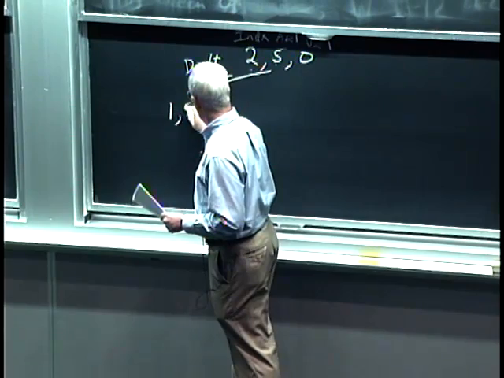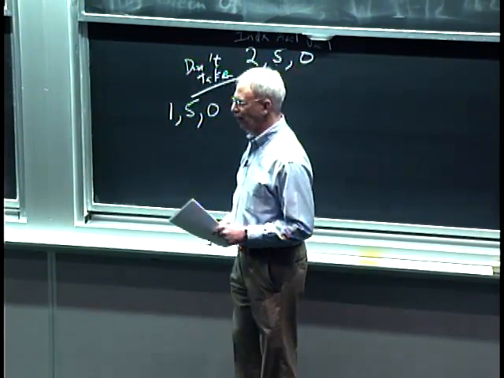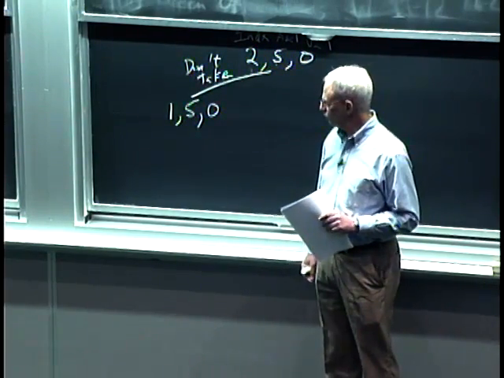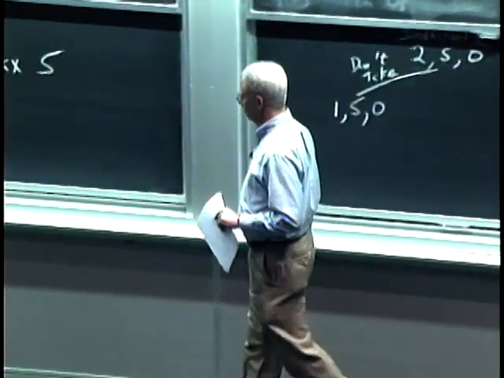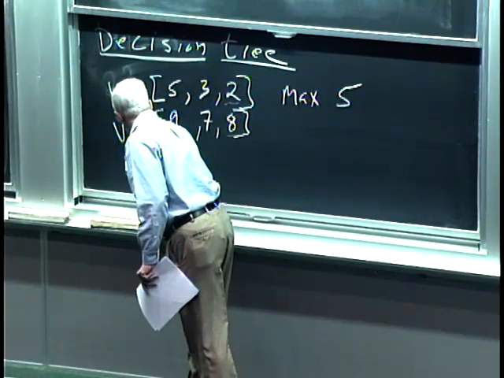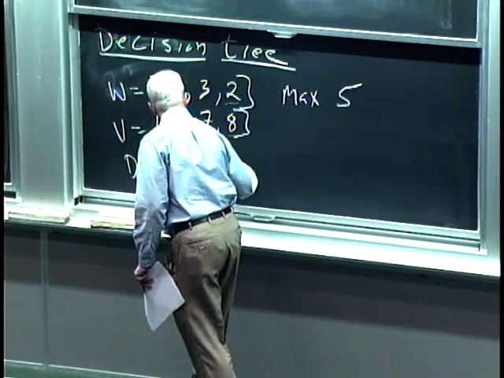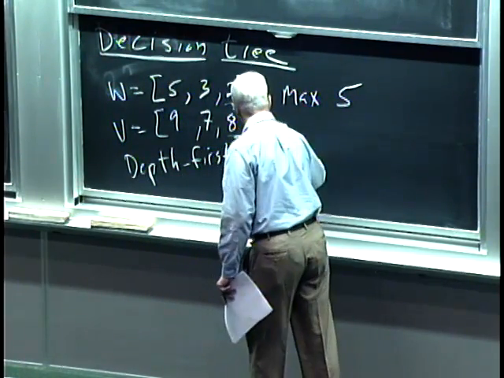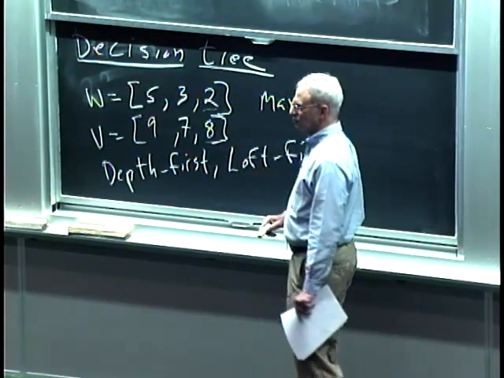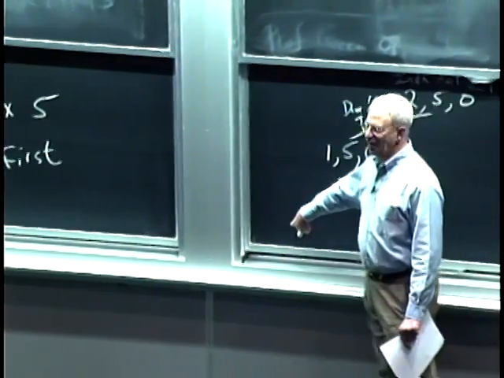I still have 5 pounds available, and I have 0 value. To be systematic, I'm going to build this tree depth first, left first. At each node, I'm going to go left until I can't go any further.